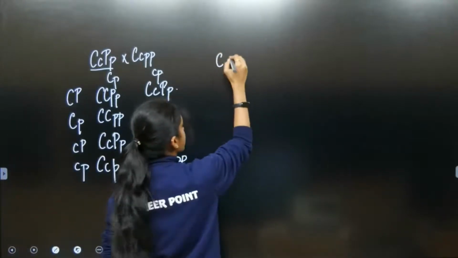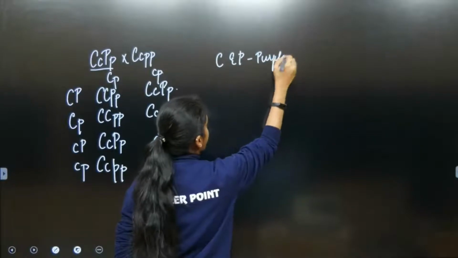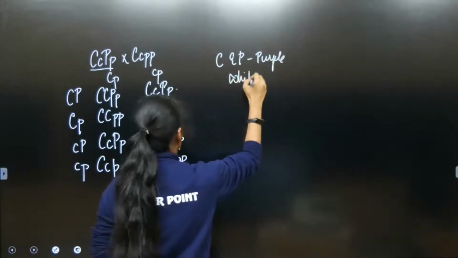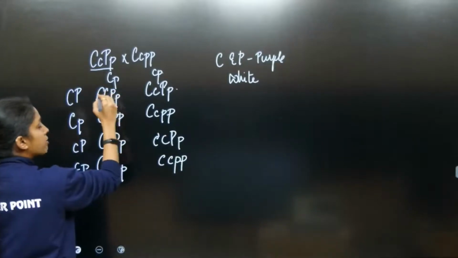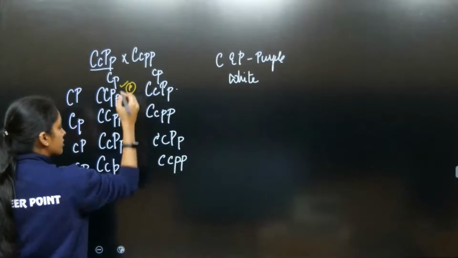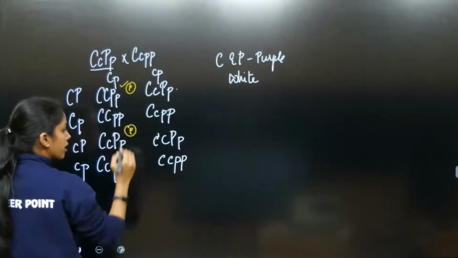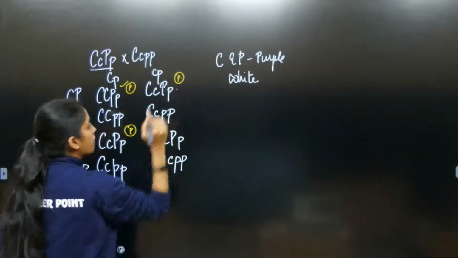So wherever there is C and P, it is purple flower. Other than that, it is white flower. So find out how many purple flowers are there. So this is double C, so C is there, P is also there. So this is purple flower. This is purple flower. Okay, and then you have C and P, so this is also purple flower.